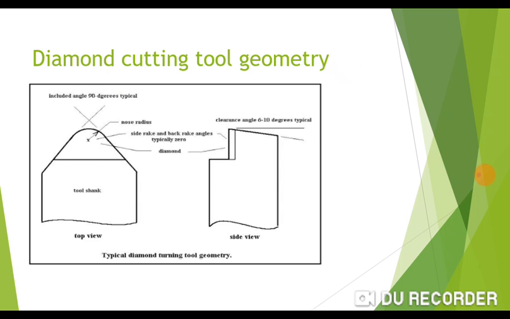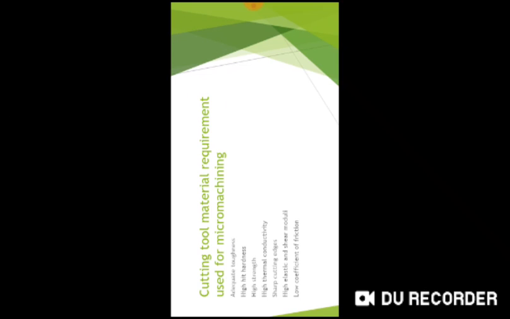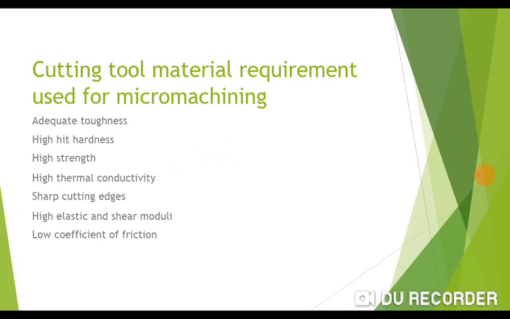Diamond is generally used as a cutting tool material. It has some properties for machining of non-ferrous metals such as copper, brass, and aluminum.